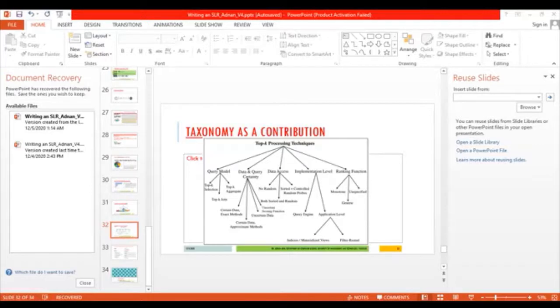So when you compile them in a very systematic, precise and concise manner, while relating things with one another in a fluent manner, that actually helps you ensure that you have made a contribution in that area.